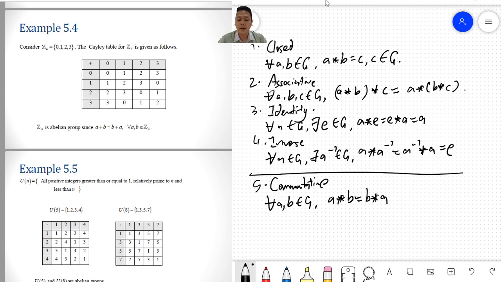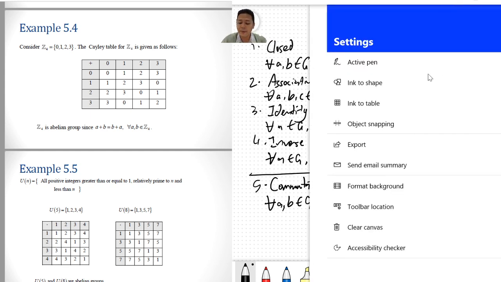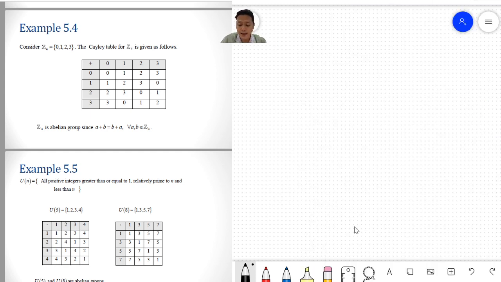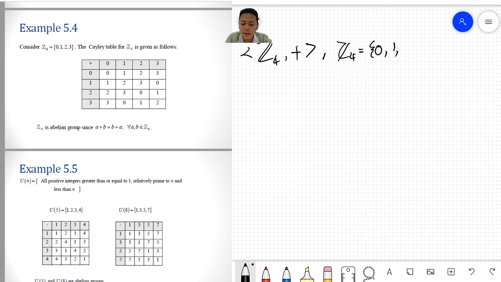Okay, we already covered that in the previous video lecture, and how to apply it in the case of Z4 plus. Z4 is the integers from 0 until 3.